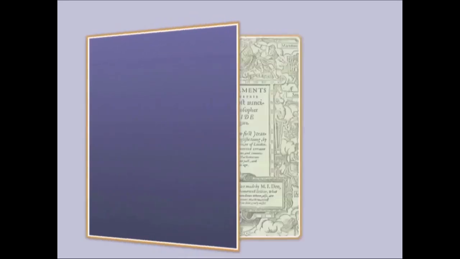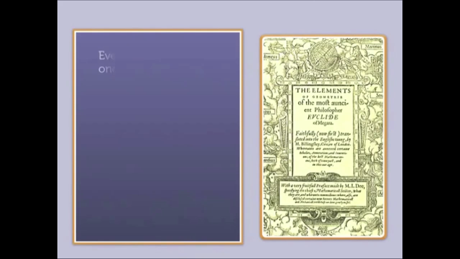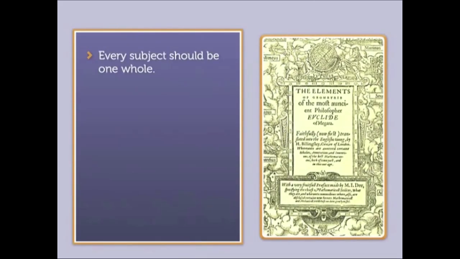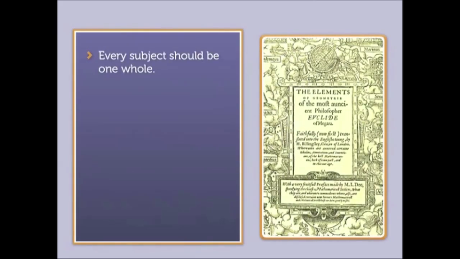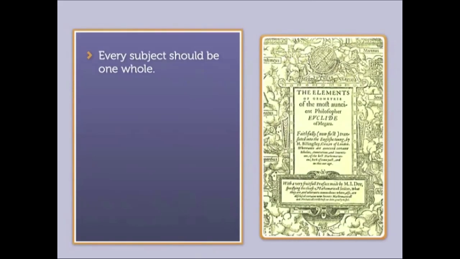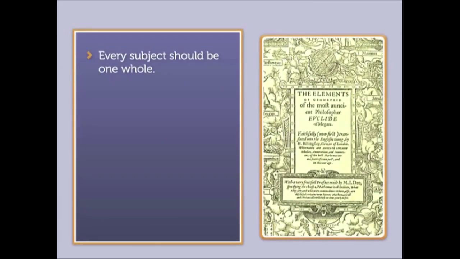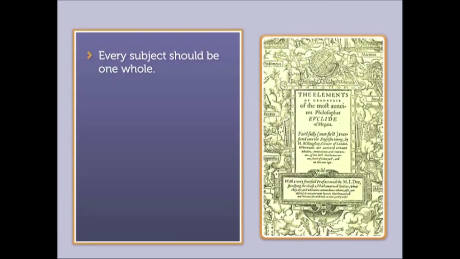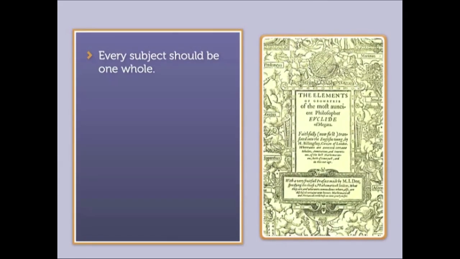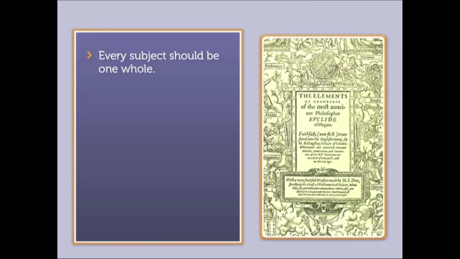Your goal, as far as this topic is concerned, should be that every subject should be one whole. And here you can take as your motto a very pregnant principle of Hegel, believe it or not. The true is the whole.